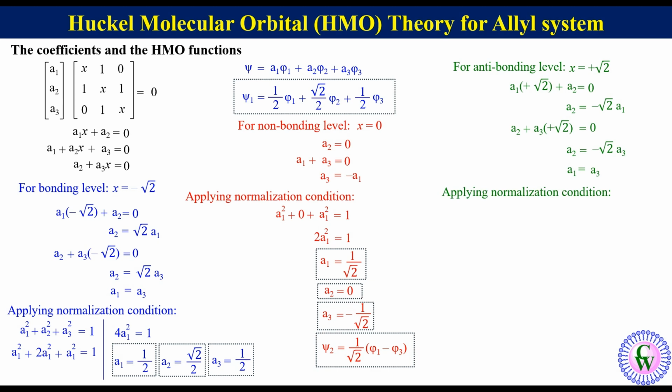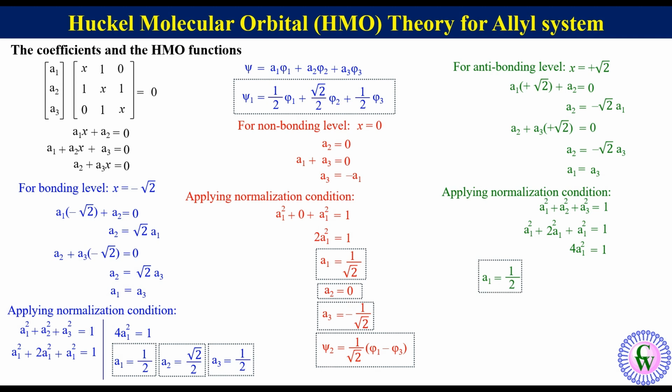Applying normalization condition, which is a1 square plus a2 square plus a3 square is equal to 1. Putting the values of a2 and a3 in terms of a1 will give a1 square plus 2a1 square plus a1 square is equal to 1, or 4a1 square is equal to 1, or a1 is equal to 1 upon 2.